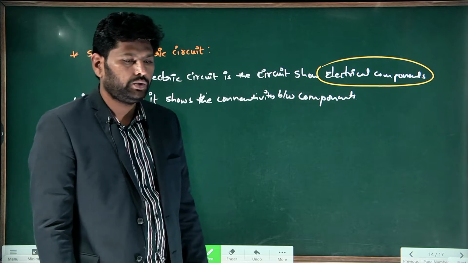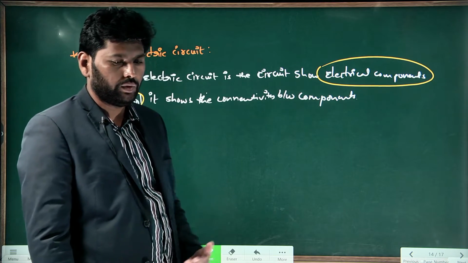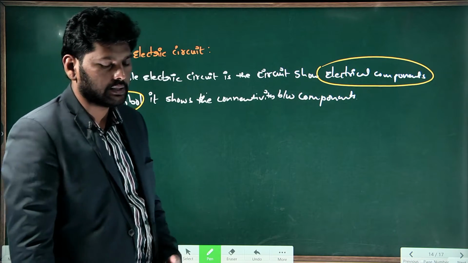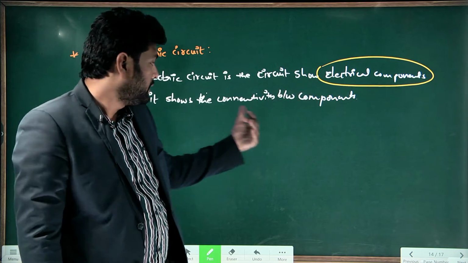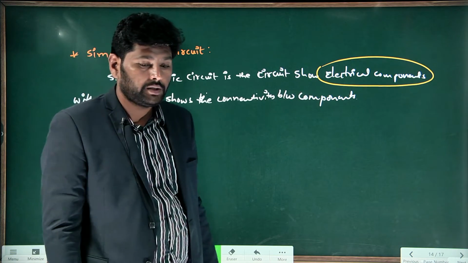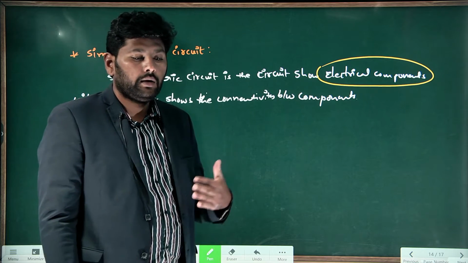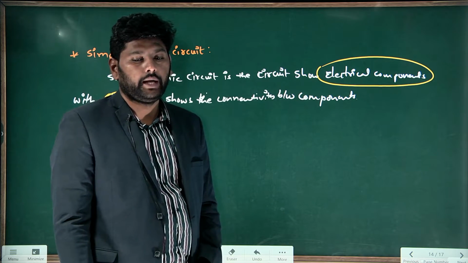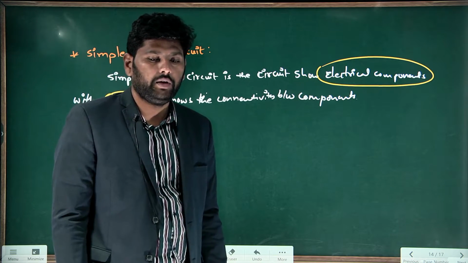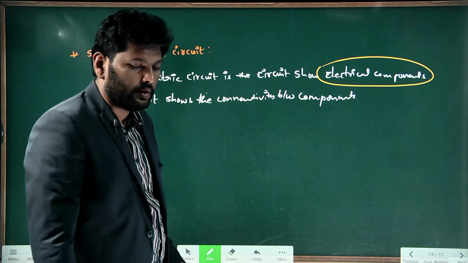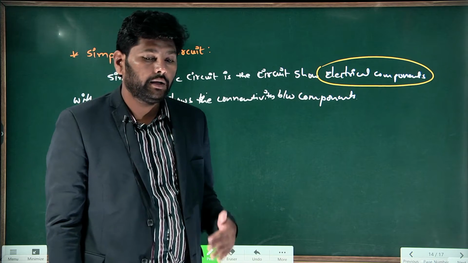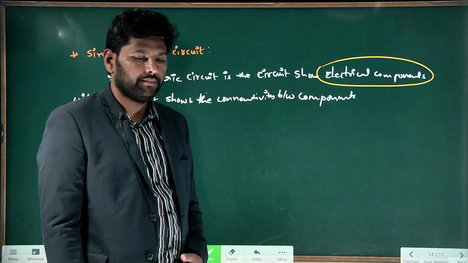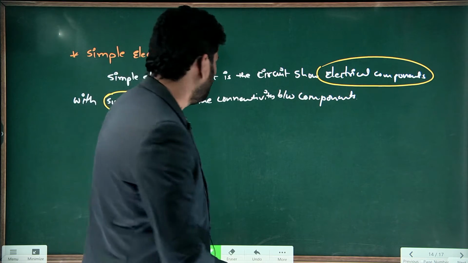To draw a simple circuit diagram, you should know the electrical components as well as the symbols of the electrical components, such that you can draw a simple circuit diagram for the given components. Now let us first of all know the components and their symbols.